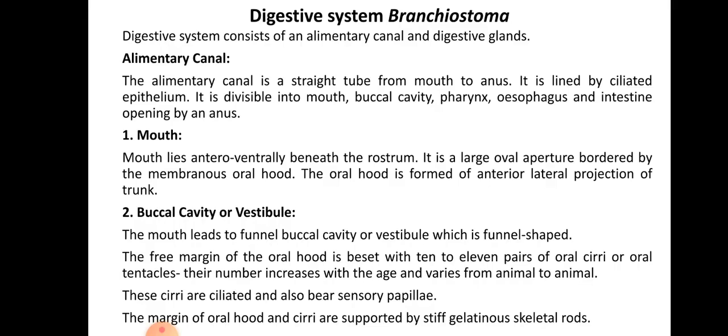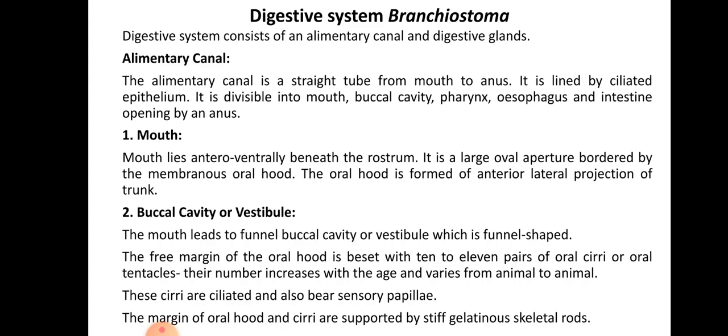The margin of the oral hood is beset with around 10 to 11 pairs of stiff, slender, and ciliated oral or buccal cirri.